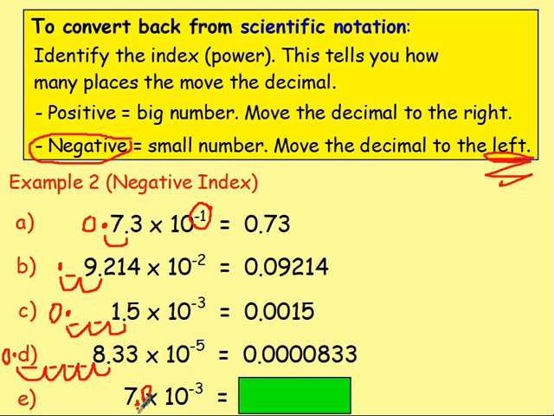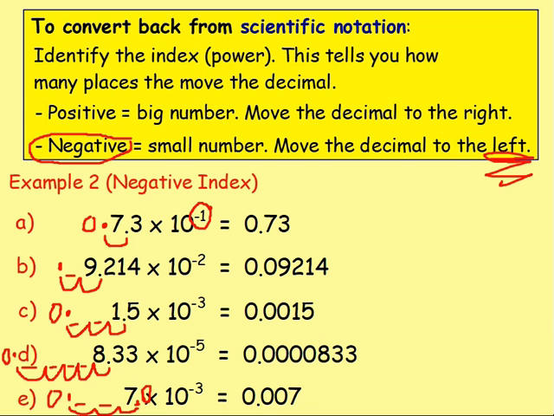So, if you had 7.0, you'd move the decimal back 1, 2, 3 places. So you get 0 point, and then 1, 2 spaces become 2 zeros. So you get 0.00, and then you've got your 7. Yeah, well done, Gary. That is what you'd have, 0.007. Well done. Good.